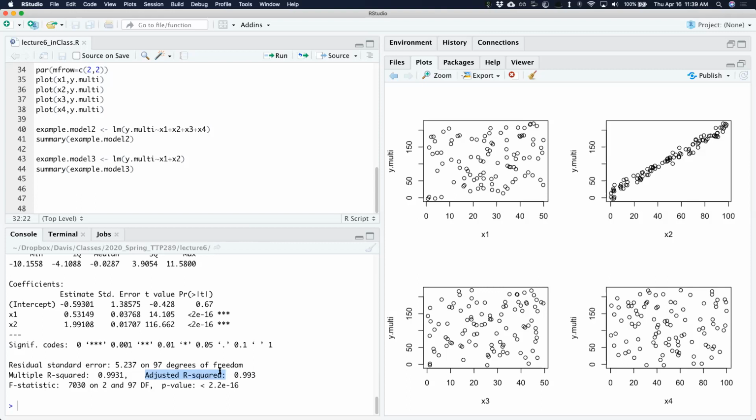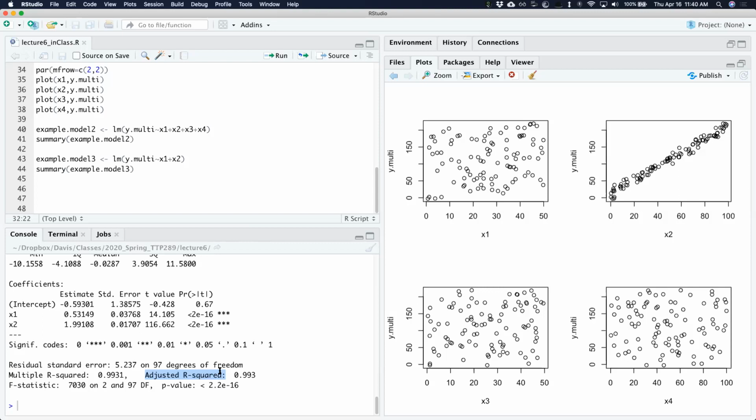And so now you have some kind of metric that will be able to balance out adding more variables and getting a better model. In theory, your adjusted R squared is going to be a nice metric that balances out the additional parameters with the accuracy of your model.